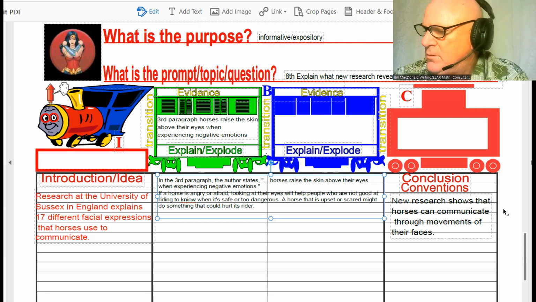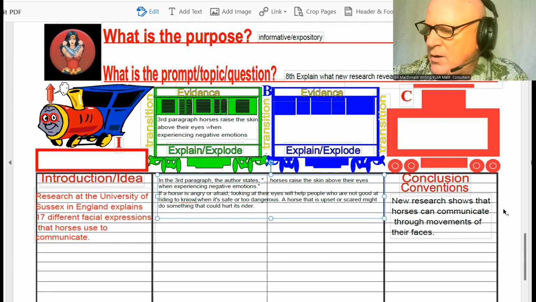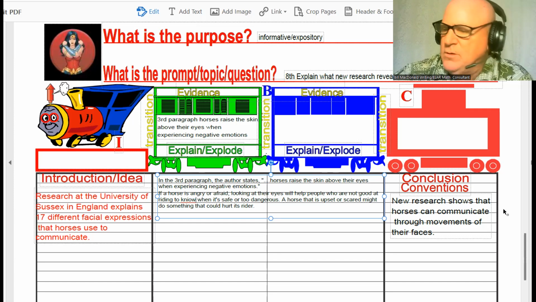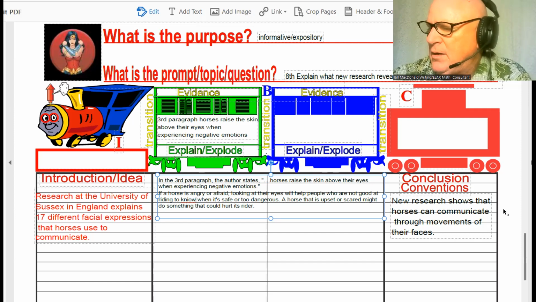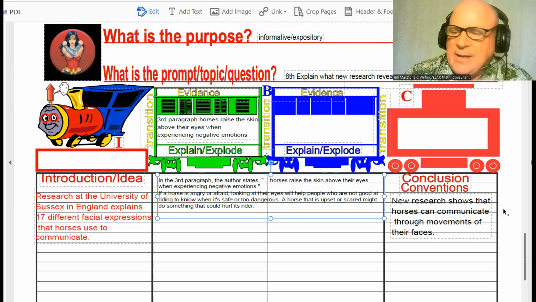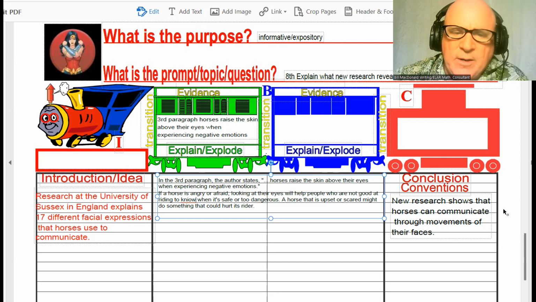Negative, that's a wow. Positive or negative is people's opinions. Emotions are a wow. Opinions are a wow. If a horse, a what, is angry or afraid, ding, ding, emotions. How I'll put that one in the how. How is he feeling? Looking at their eyes, what you would do will help people, who it'll help the people, which people, people who are not good at riding.